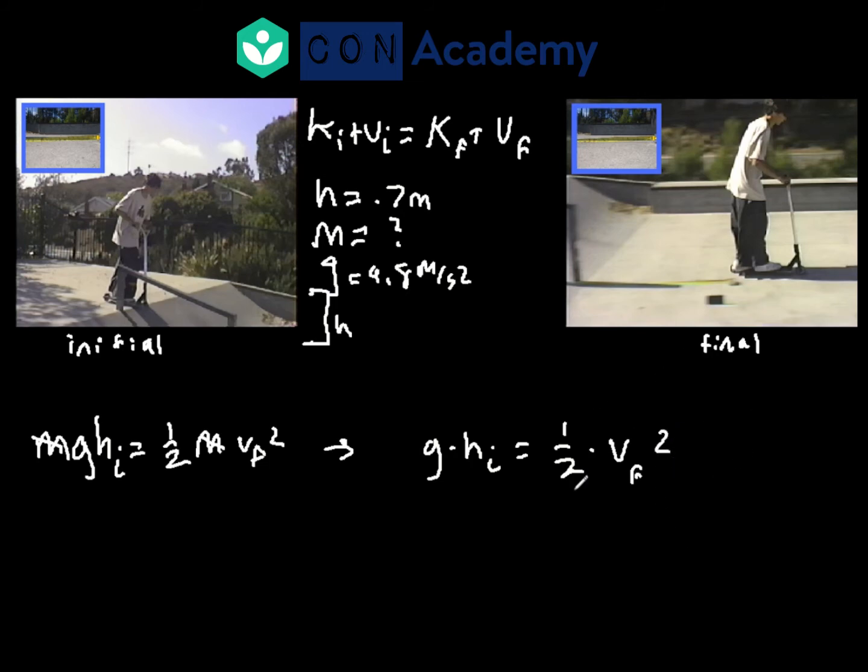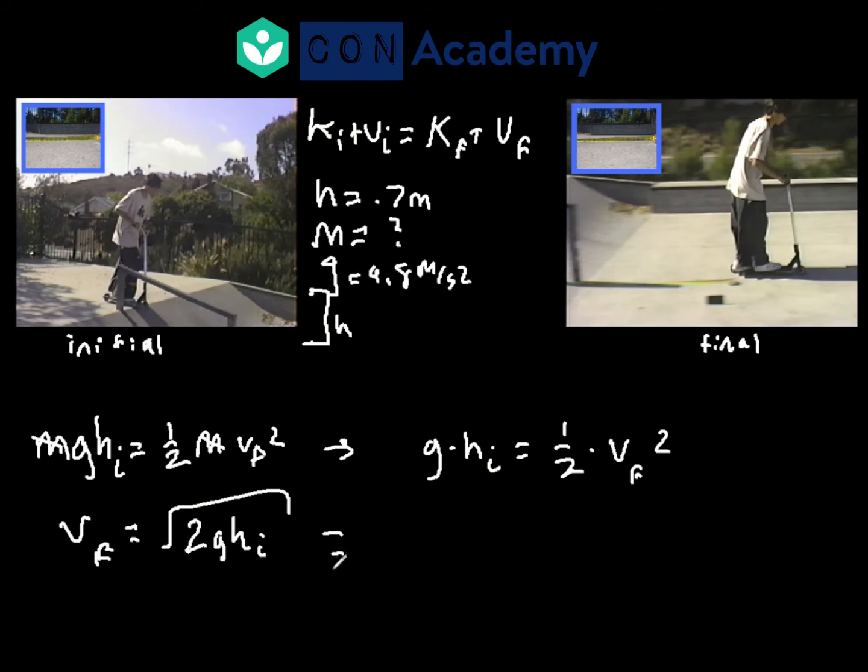Because we want to solve for final velocity, I'm going to solve for final velocity on one side. So let's multiply both sides by 2 and square root. And boom, our final velocity will equal 2 multiplied by g multiplied by the initial height, square rooted.